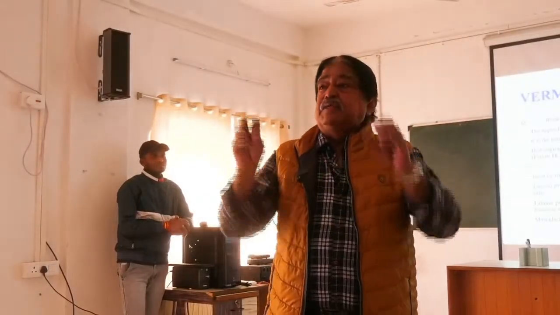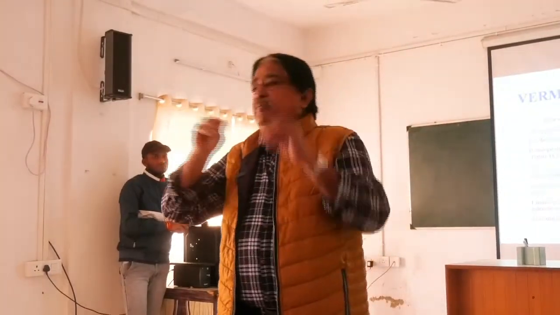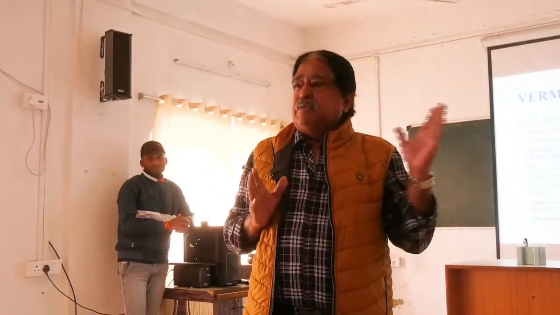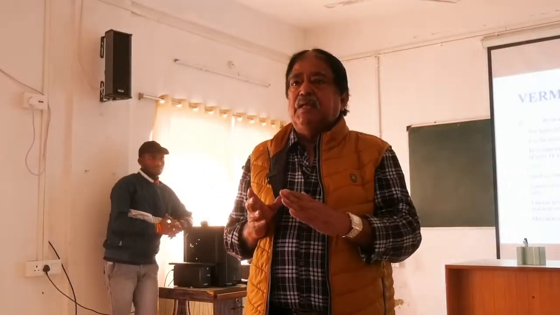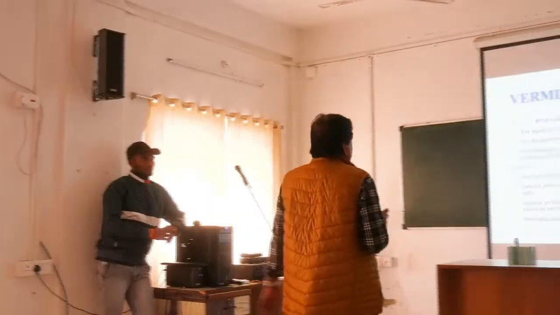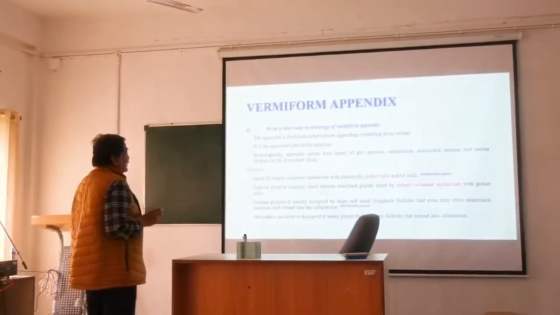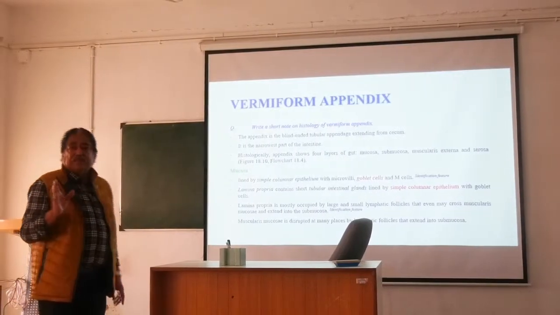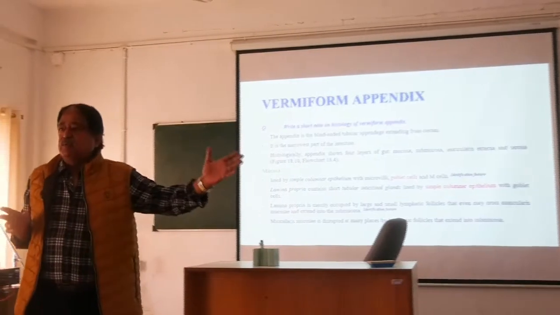You will identify it with its lymphoid follicles, beautifully placed, beautifully seen. You just observe, see, and correlate. The muscularis mucosae is disrupted in many places by lymphatic follicles extending into the submucosa. With this introduction, please come over to the lab.